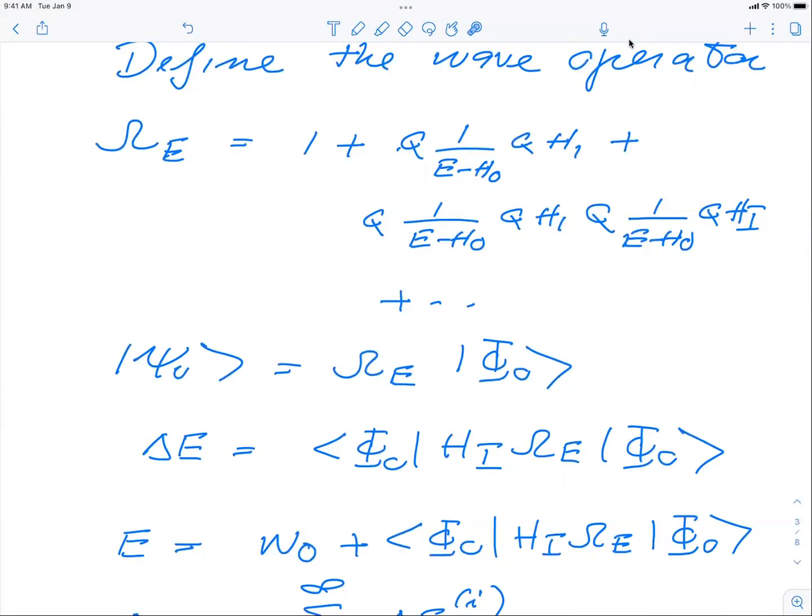That's an effective Hamiltonian which incorporates excluded degrees of freedom. It's a way to build up a Hamiltonian which acts in a smaller space and takes into account all these excluded degrees of freedom. We normally call that an effective Hamiltonian.